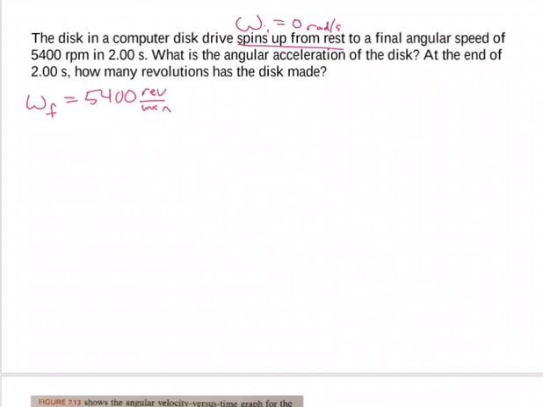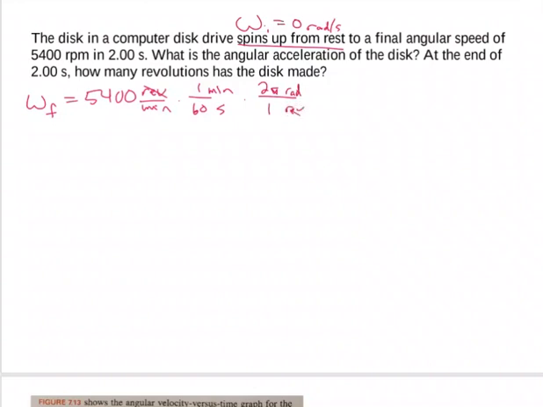Okay, so we'll turn that into radians per second, an actual velocity, by converting this, getting rid of minutes and turning it into seconds. There are 60 seconds in 1 minute. Revolutions doesn't really matter. I can say there are 2 pi radians in 1 revolution.